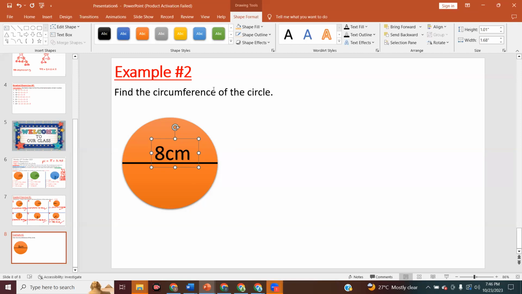Divide 8 by 2. Don't say that. I said don't say it. Just put the answer inside the chat. Give everyone a chance. Tell me what the circumference of the circle is going to be if that length there is 8 centimeters.